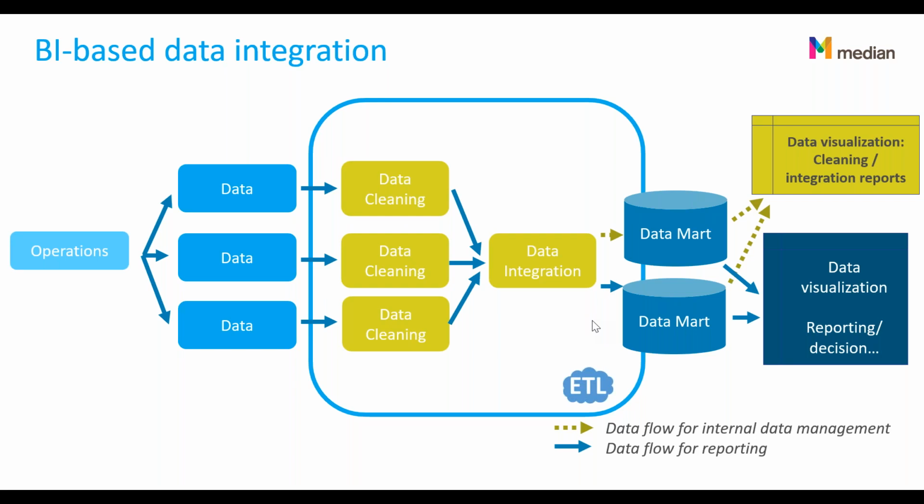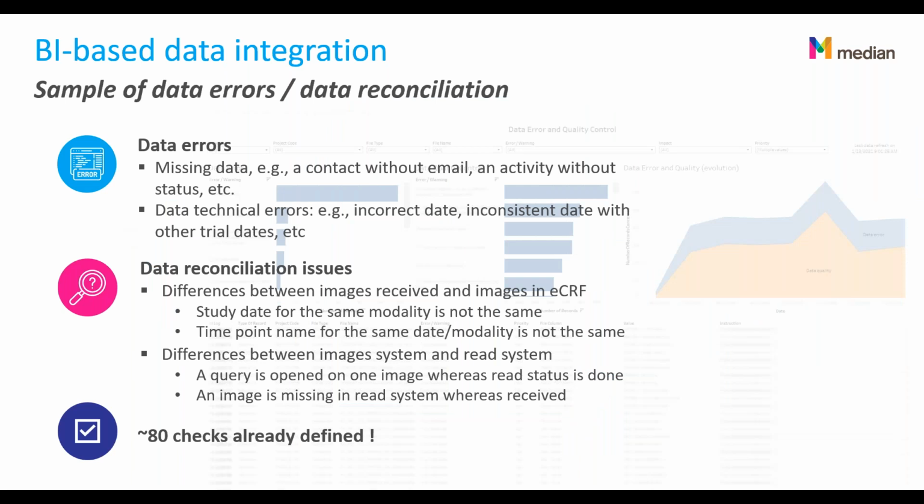What is very valuable here is the fact that we have designed 2 data marts. Let's call the first one the standard one, which will be used for the data visualization reports. The second one is dedicated to taking advantage of data cleaning and data integration steps to produce useful reports, providing feedback to the operation on data quality, for example. We will see that on the next slide.